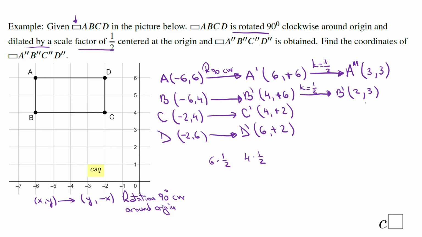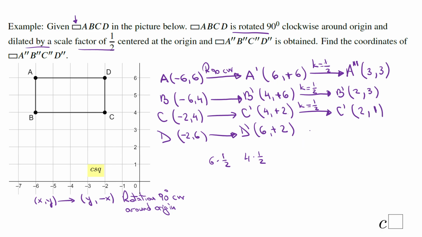We did that already. Let's move to C prime, and again the same dilation with a scale factor of 2. Then I have 4 times 2, it's 8, and 2 times 2, that will be 4.